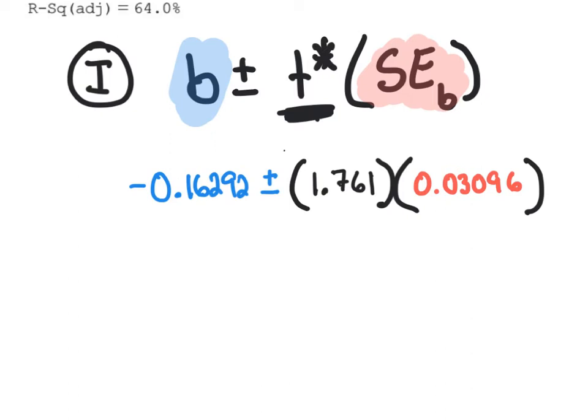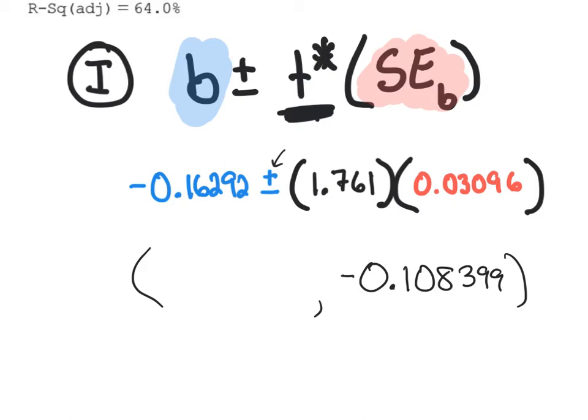Because I used the plus sign, it gave me the upper bound: negative 0.10799.